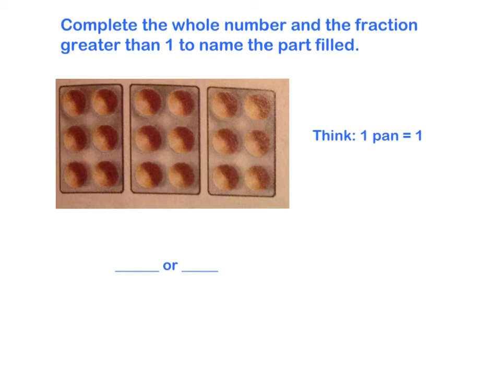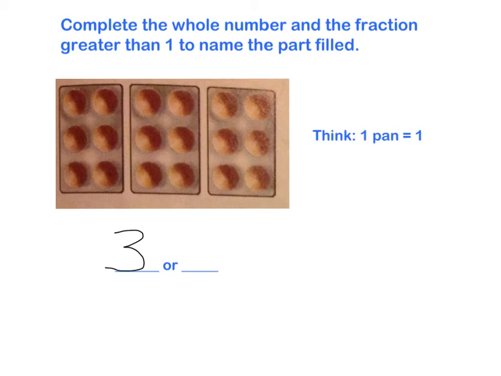If we look, we can tell there are 1, 2, 3 pans of muffins. So our whole number is 3. Remember to think of each pan as equal to 1 whole. Kind of like when we were talking about the pizzas in class. Each pizza was 1 whole pizza.